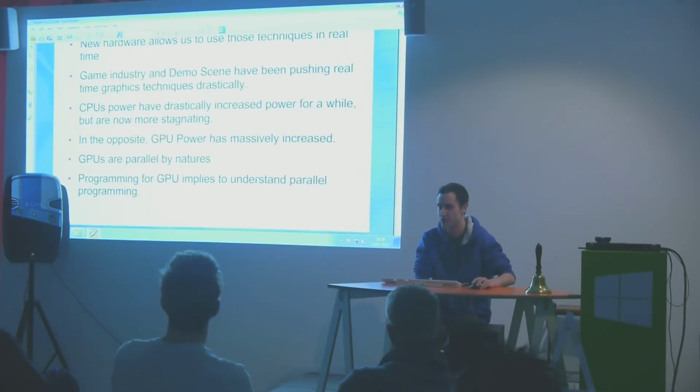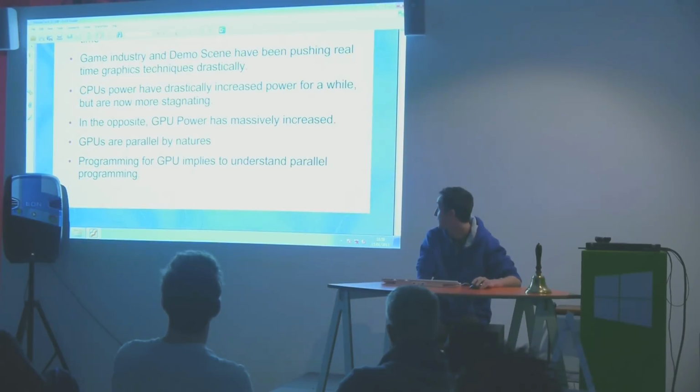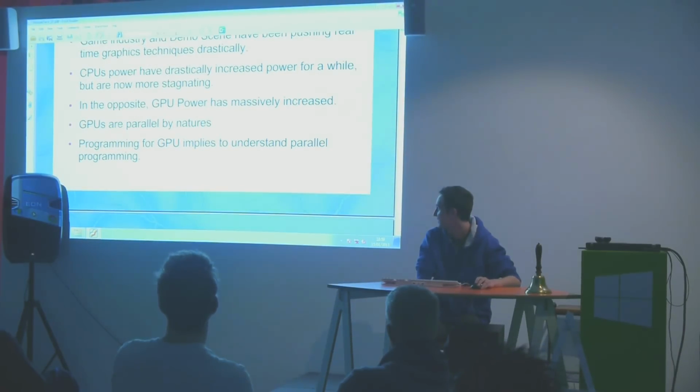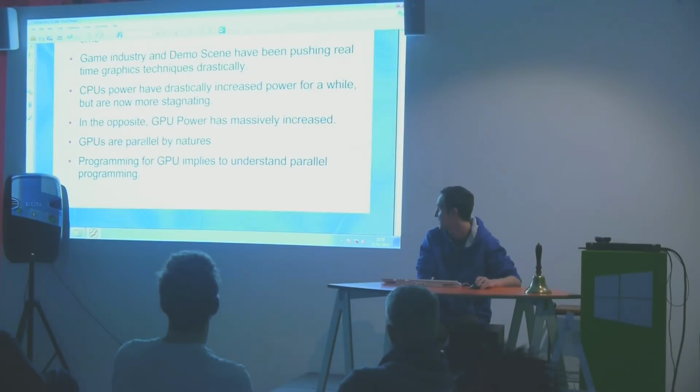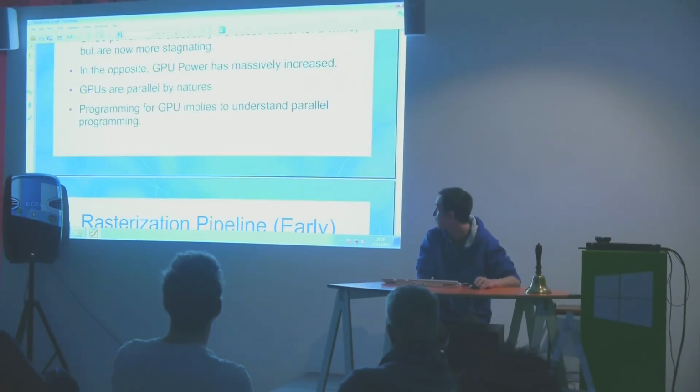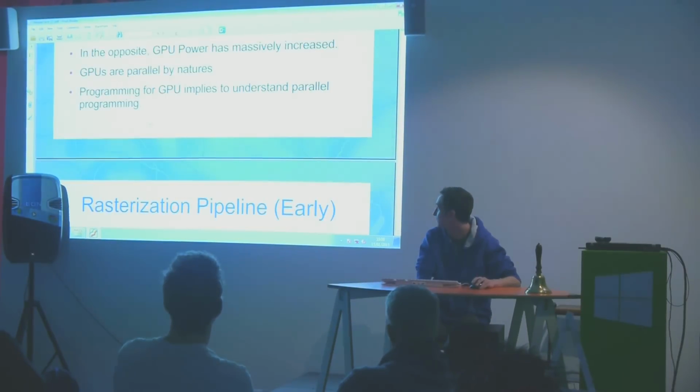Every year you have a new range of graphics cards, which is much more powerful than the previous one. But it implies a difference, because GPU processors are slower, but they have many more of them, which means you need to learn about parallel programming. So modern graphics implies pretty much GPU programming, at least if you want to do it in real time. And they even use it now in a lot of offline systems.